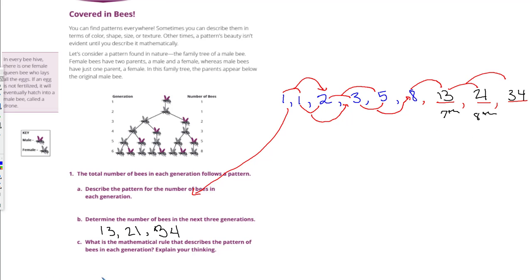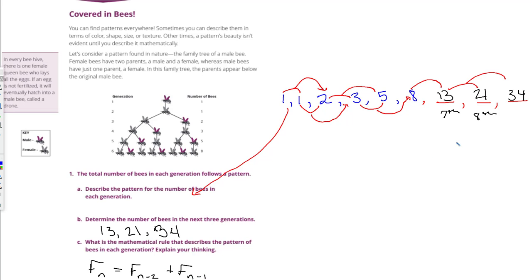And so let's go ahead and find what is called the recursive formula, which is just saying, okay, what did I do? Well, for the nth generation, I took the previous 2 numbers and added them.